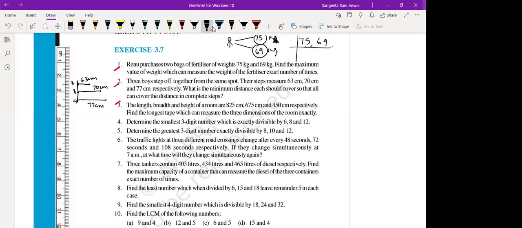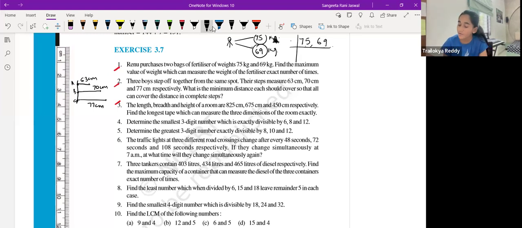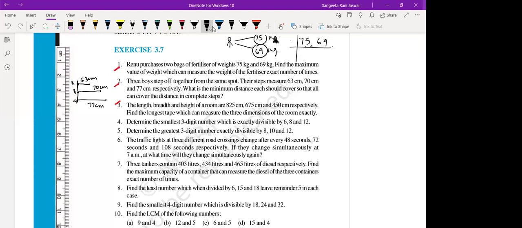Guess what it is? Ma'am, 1540. How much is that? 1500.